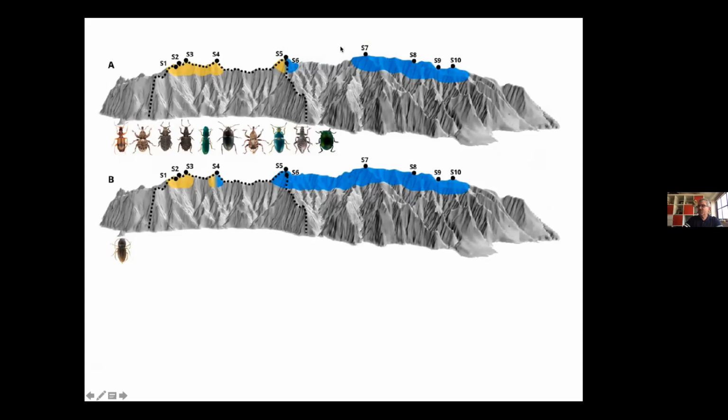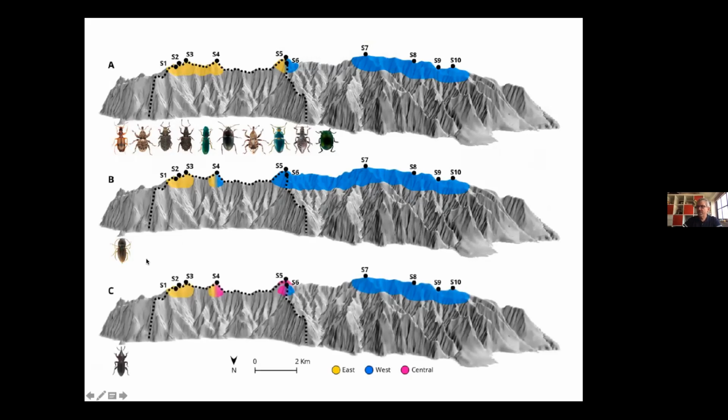One species shows a similar pattern, but the admixture is shifted further towards the east. And another species is structured into 3 regional populations with admixture coinciding with the 2 regions that I've just described here. So 13 out of 16 species show essentially the same pattern of regional structuring and secondary contact across an area here that is less than 4 kilometers in distance.